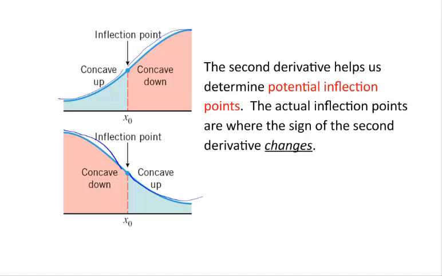Where concavity does indeed change is the actual inflection point. It's very important that you do the testing to determine that the sign of your second derivative did indeed change. We went from positive output values here to negative output values there. In this example, we went from negative output values to positive output values.